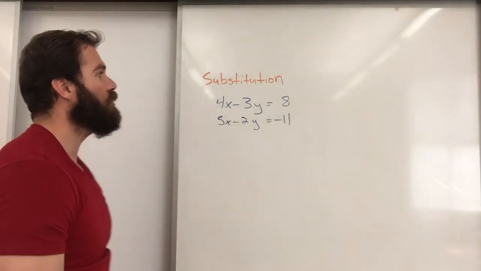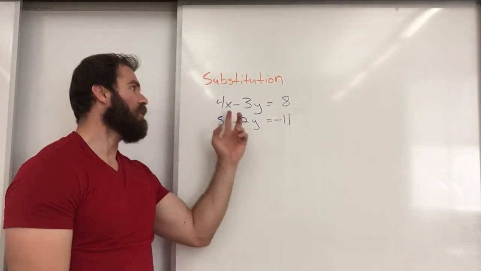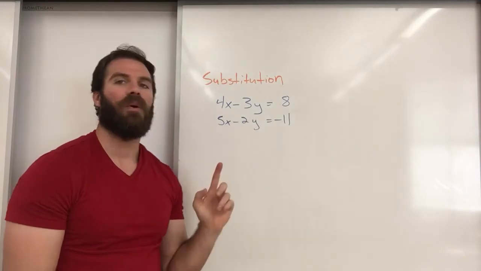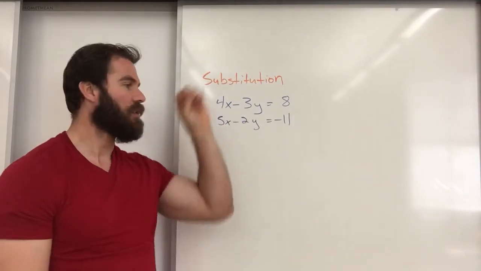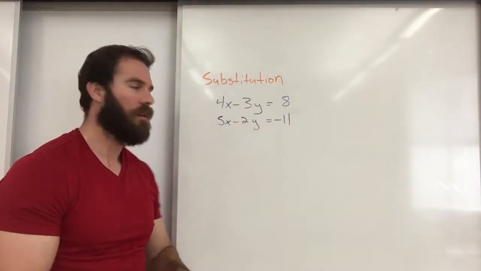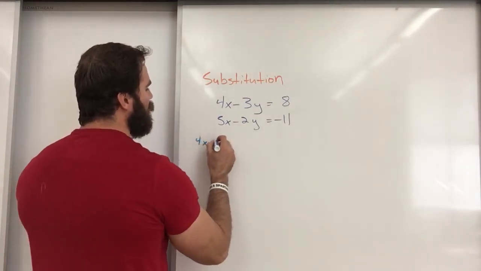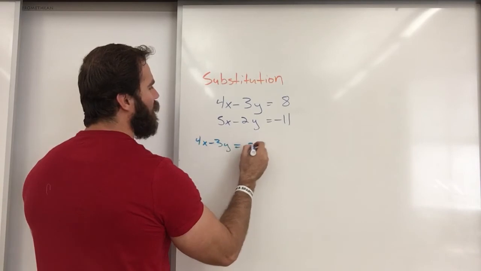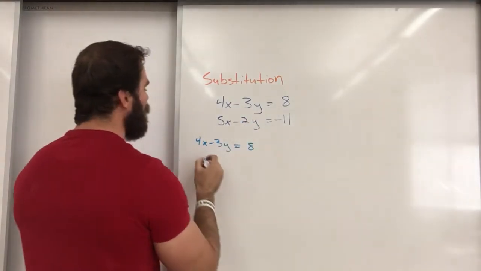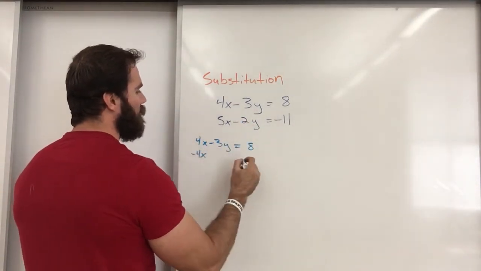Next is substitution. We need to solve for one of these variables in one of these equations, plug that expression into the other equation, and solve. Once again, I'm going to solve for y for the first equation. I already did it over there, so it should be pretty simple.